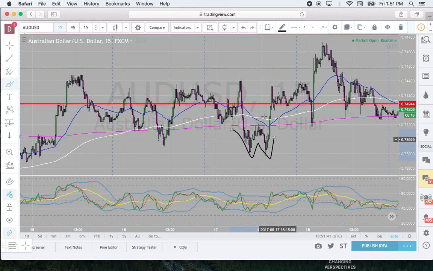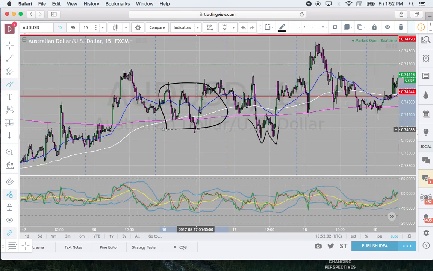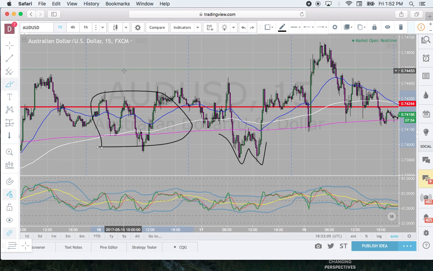And another thing to point out is when a W or M is made above or below all 3 EMAs, it is a reset in the original trend. So here we can see the market is basically downtrending, and then price comes down, makes the W below all the EMAs, and then comes up again.